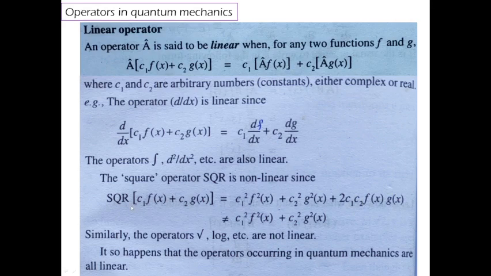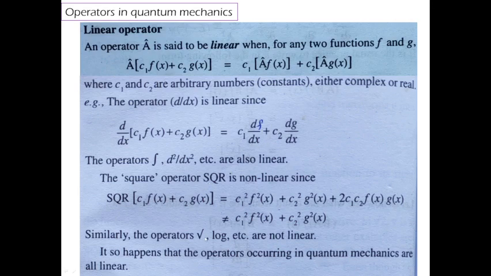When you square the function c1 f(x) plus c2 g(x), we get c1 squared f squared x plus c2 squared g squared x plus the additional term 2 c1 c2 f(x) g(x). This is just like (a plus b) whole squared, so this does not obey the condition, and square is not a linear operator.